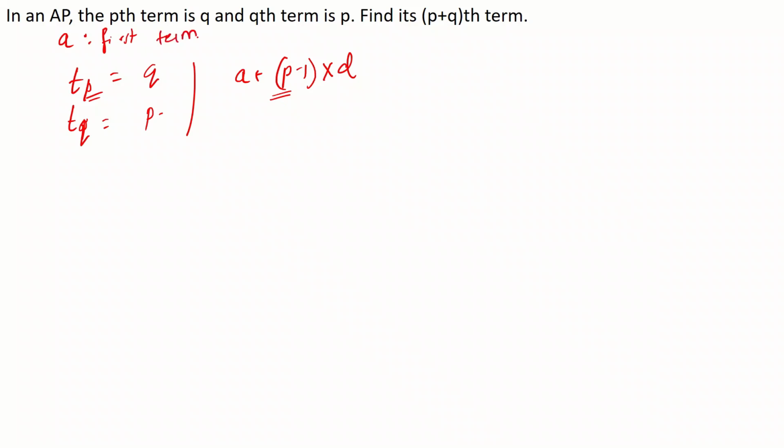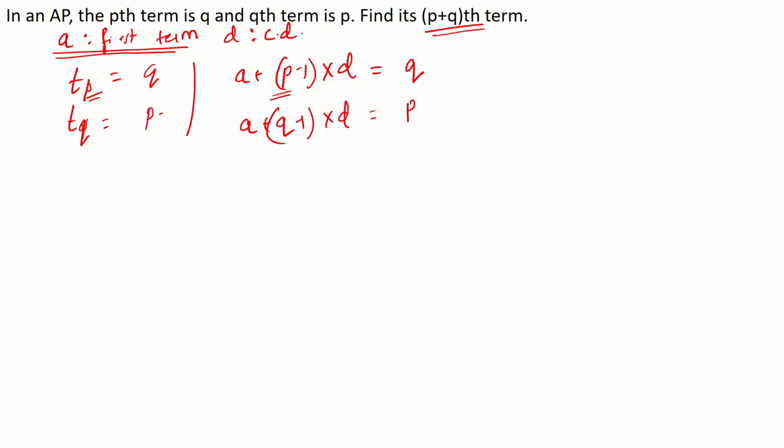We are introducing them ourselves, so please make sure that you define what a and d are. Assume that a is the first term and d is the common difference. Please write the full forms in the examination. So this is given to be q, and similarly a plus q minus 1 times d is given to be p.